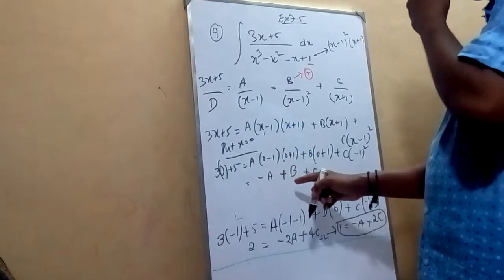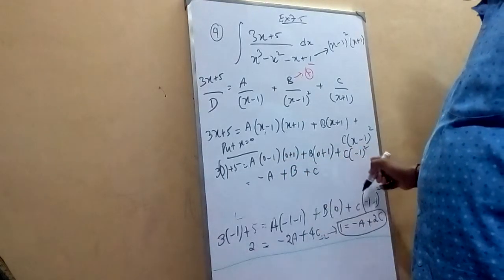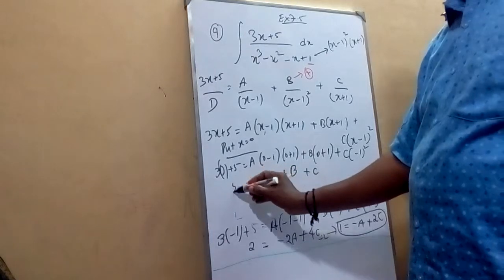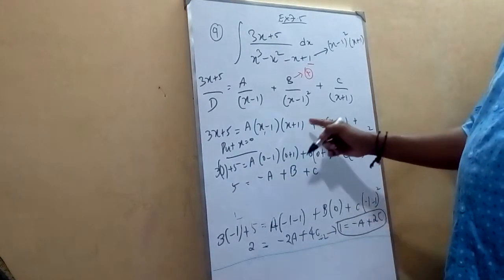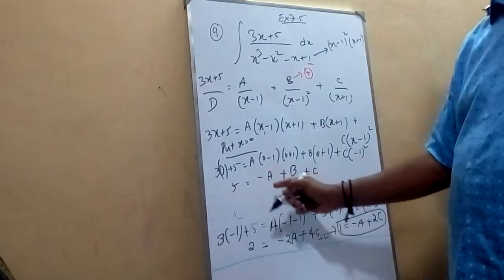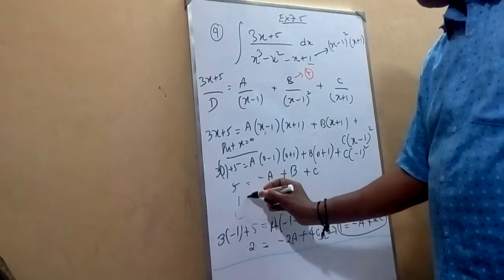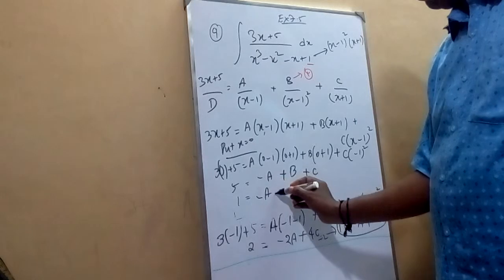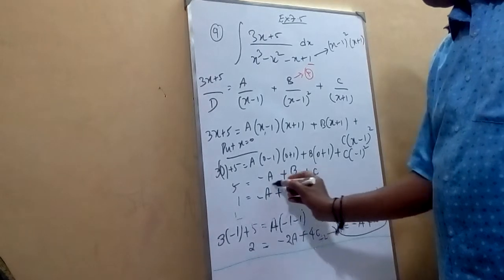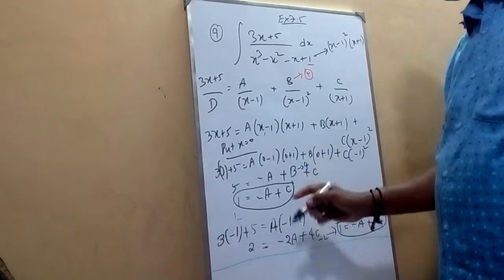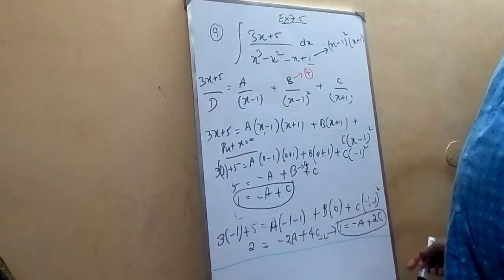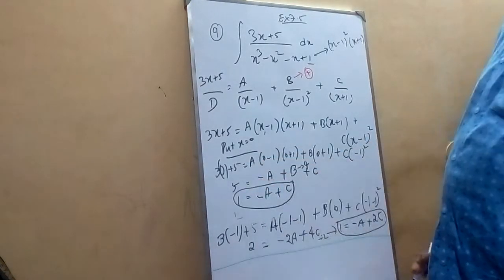So minus 1 plus b plus c is equal to 5. Now you know that b value is 4. So this becomes minus a plus c, because b is equal to 4. That 4 is substituted and you will get 1 there.